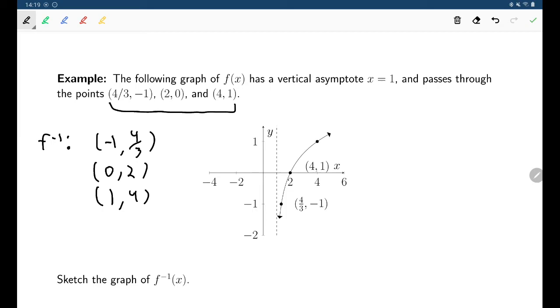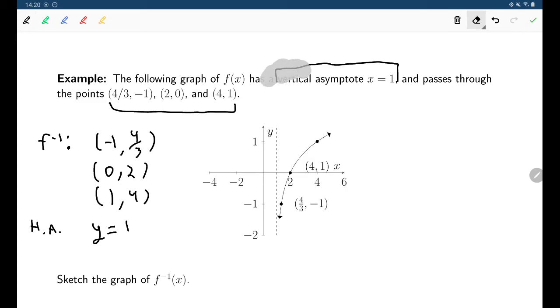We know that this graph of f of x has a vertical asymptote x equals 1, so that means f inverse should have a horizontal asymptote y equals 1.